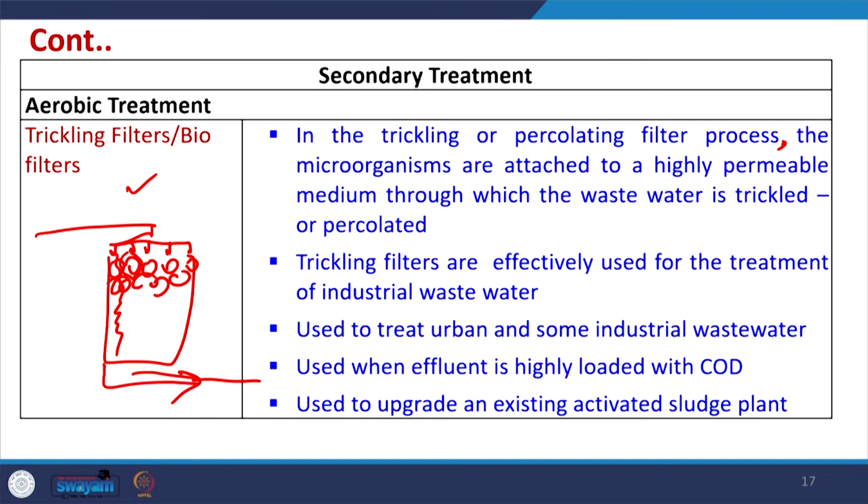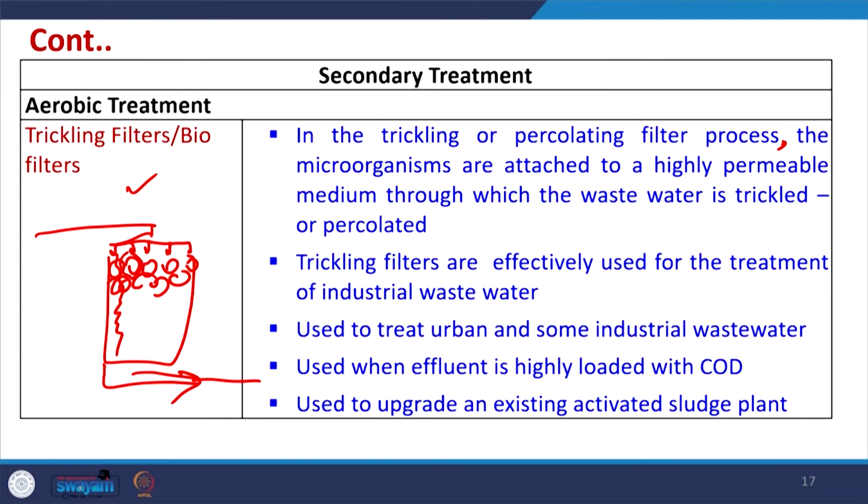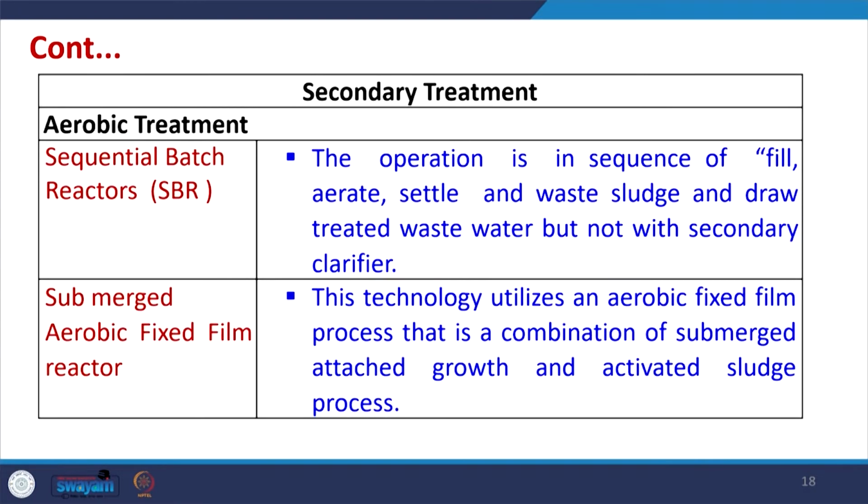They are used to treat urban and some other difficult to treat industrial wastewaters also, and they can take a higher COD load as compared to the activated sludge process. This way the trickling filter can be used, and they are very common as a secondary treatment unit for the aerobic case.